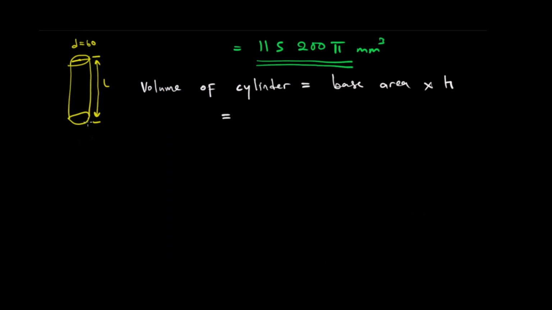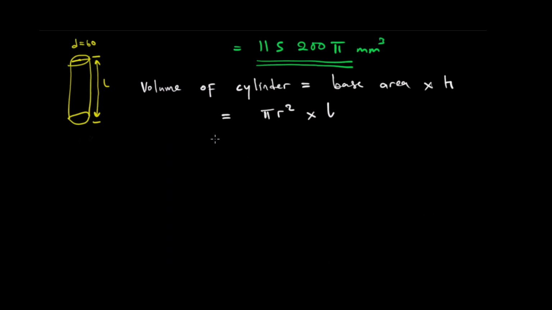Since our base is a circle, the base area is pi r squared times our height, which is L. That is what we are looking for. Going back to the question, it asks what is the length L, how long is the bar. So we say the length of the bar is L.